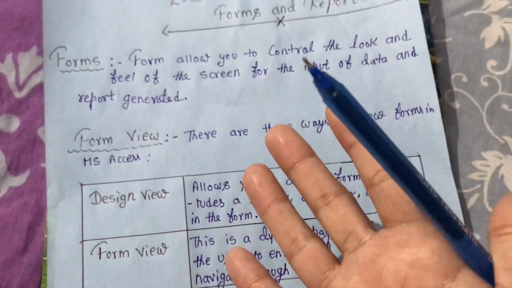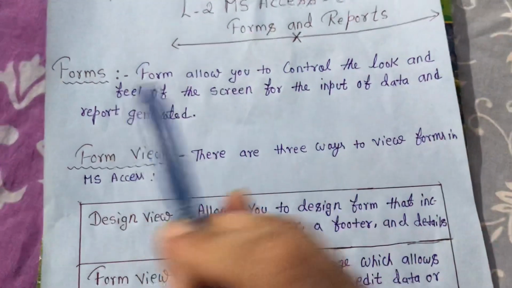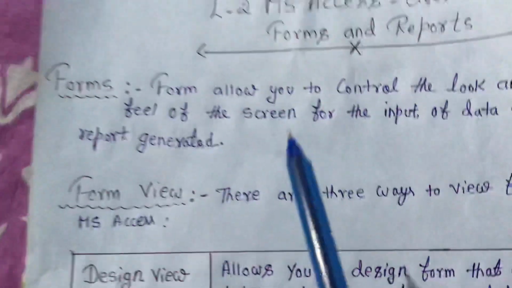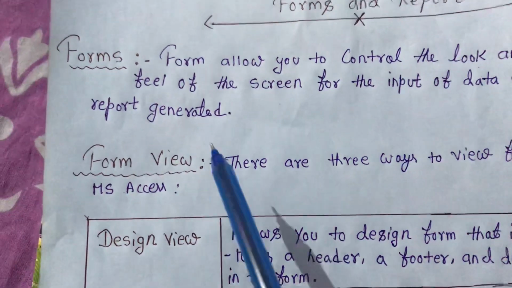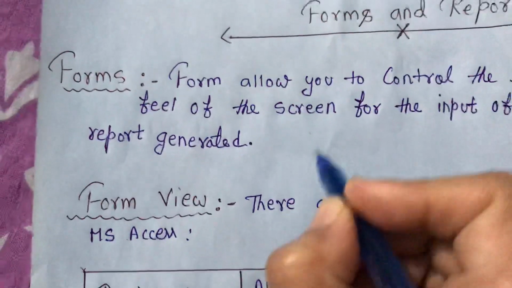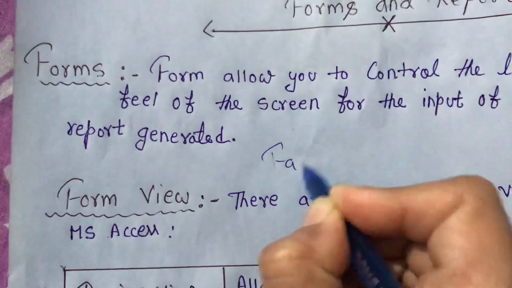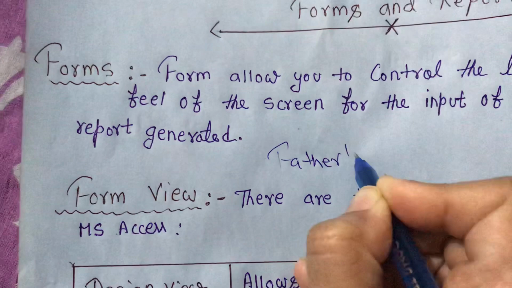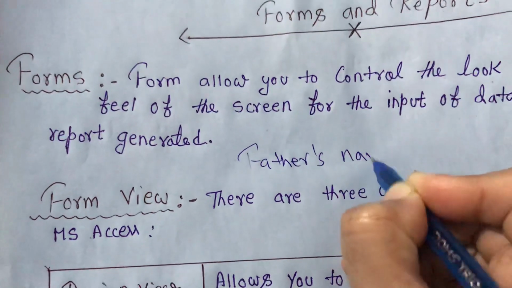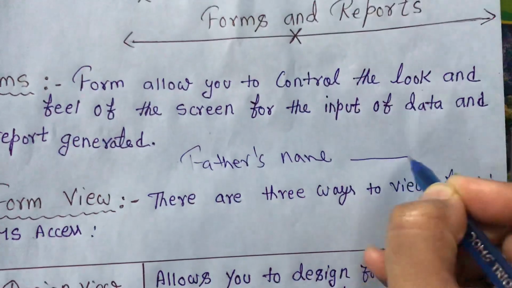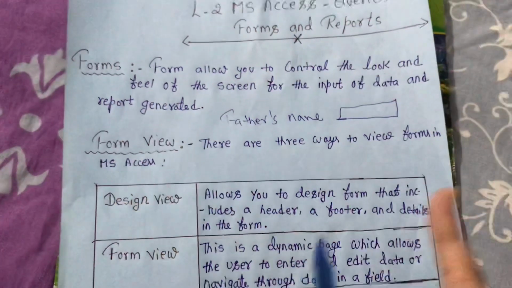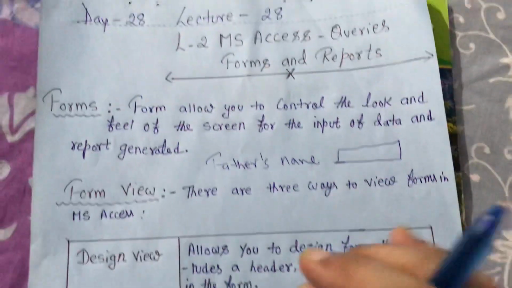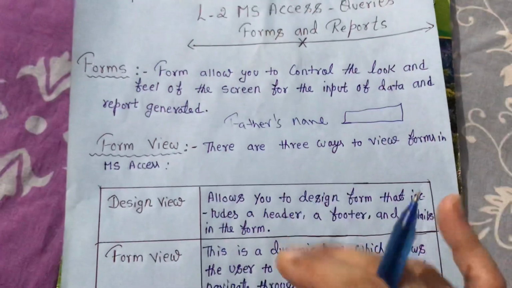Clear? And it is all in the form of boxes. Suppose here is written name and there is a box to fill the name, then the father's name, and you have a box to fill the father's name. Understood? So all these are in graphical form. So it is the example of a form.